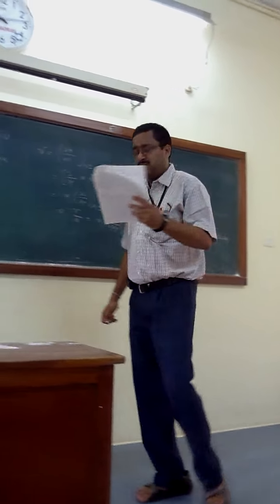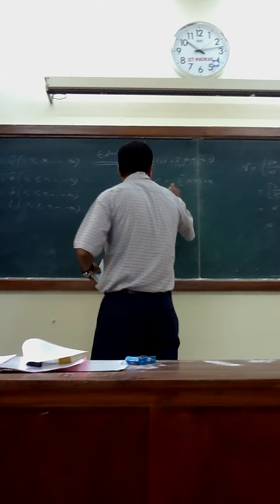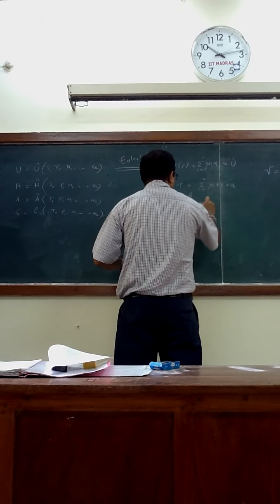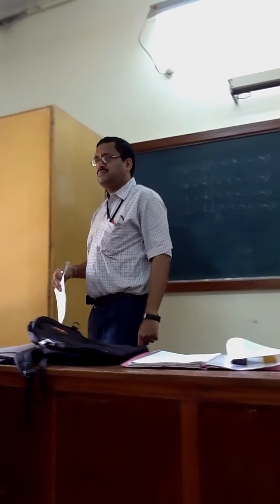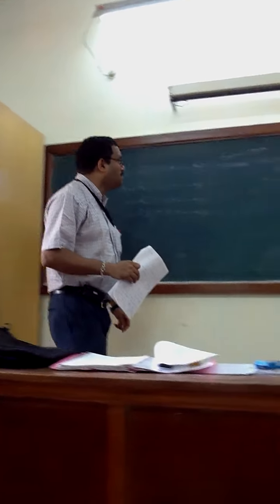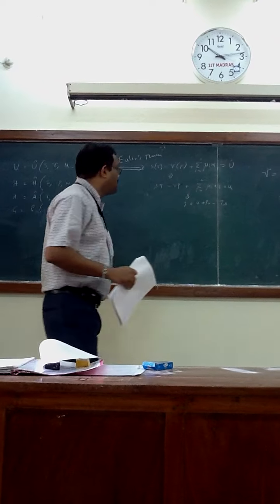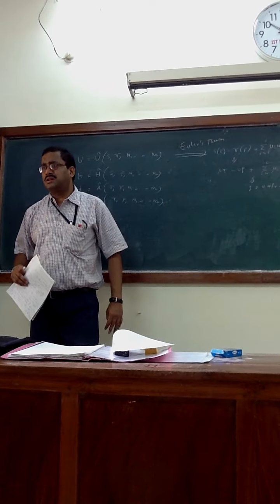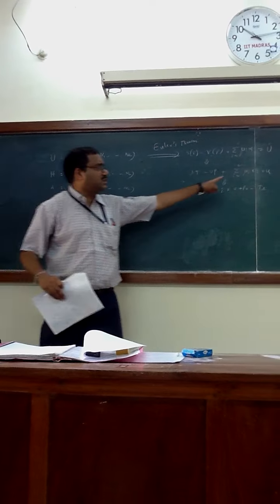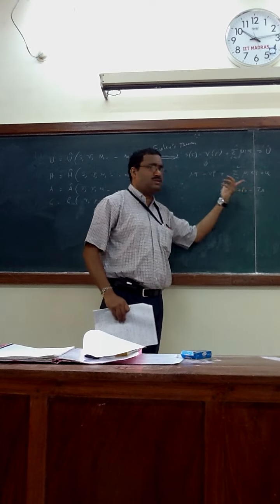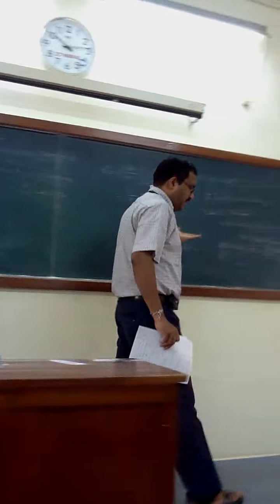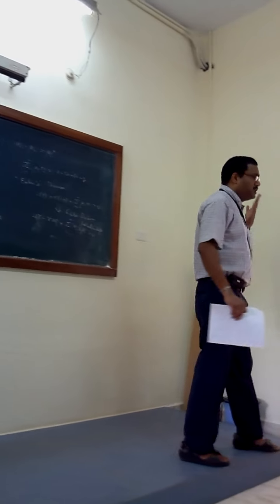And from here it is quite obvious that G equals U plus PV minus TS. Is it correct? And this is equal to G. This was proved already. In fact, I didn't talk about the linear transformation.